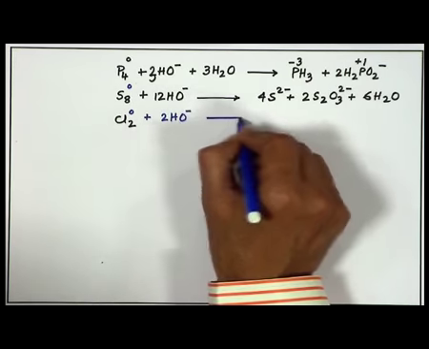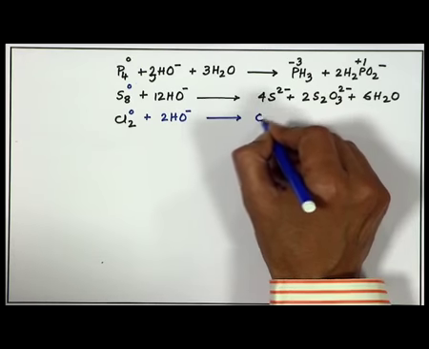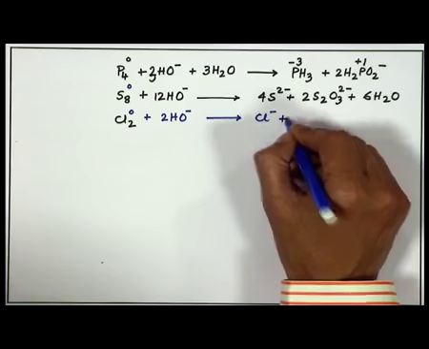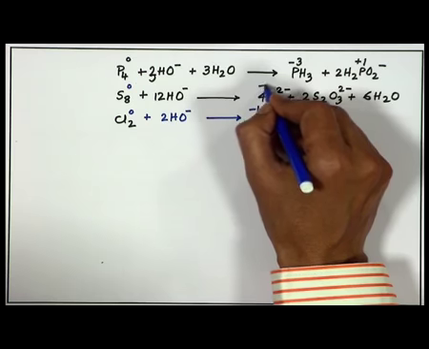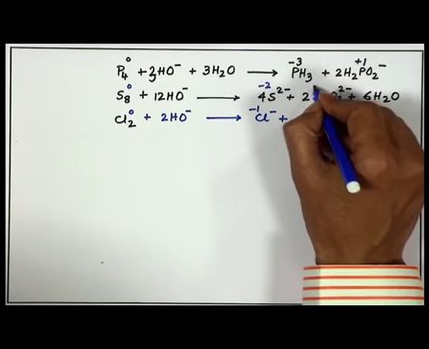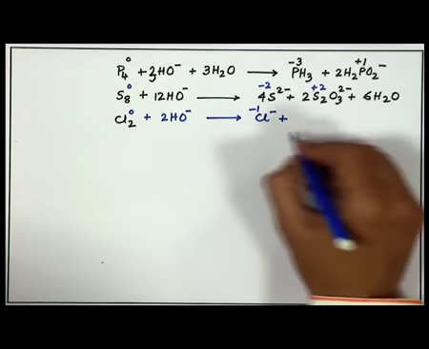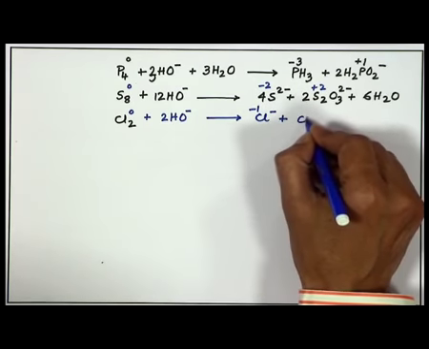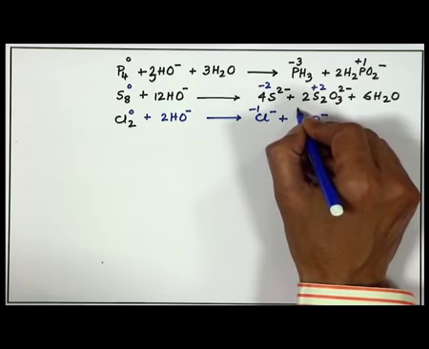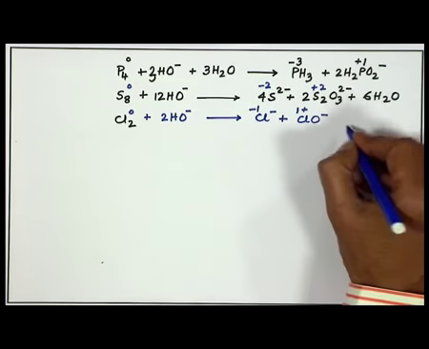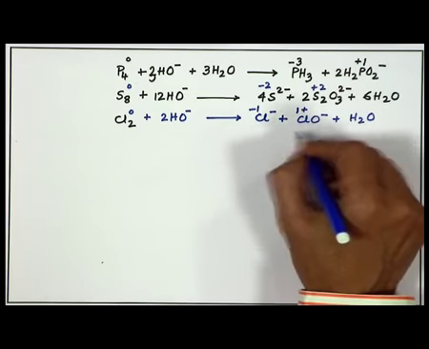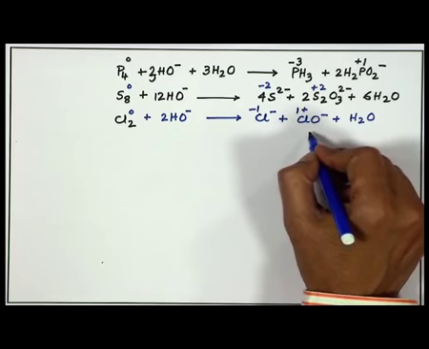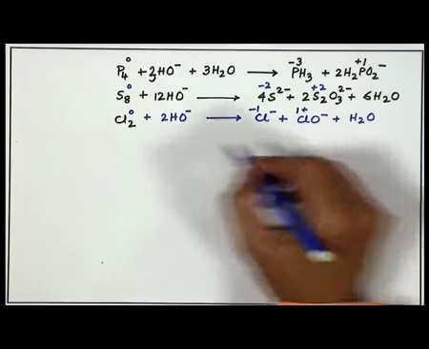Only in the basic medium, we all know that we will be forming the reduced version, which is -1 oxidation state, this is -2 oxidation state, and this is also +2. So, the chloride ion will be forming along with ClO minus, where this is 1 plus, and some amount of water. So, this is typically the hypochlorite solution, or the common bleach we call, or the Lundy bleach, which can be formed from the reaction medium by reacting this chlorine.